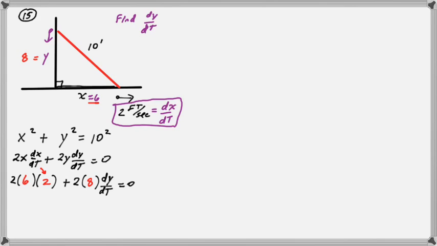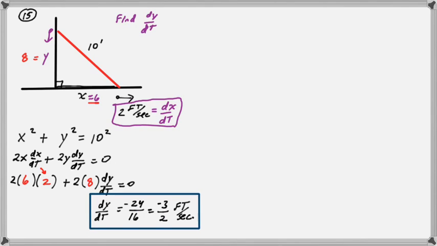So the y is an 8. So if I solve this for dy dt, I'd have to subtract the 24 over and divide by 16. 8 goes into 24 3 times. 8 goes into 16 twice. And I think the measurements of length would be feet, and the units of time would be seconds. So that would be my answer for part A.